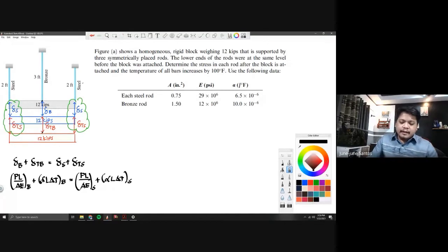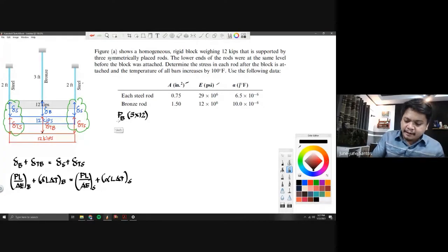Ngayon, sige, total kompleto naman tayo. So, isa-isahin natin. Gagawin natin yung feet, gawin natin inches kasi yung given is naka-PSI and inches squared. So, i-multiply lang natin by 12. So, para sa bronze, we will be having here PB. Ang L ng bronze originally is 3 feet. So that is 3 multiplied by 12.